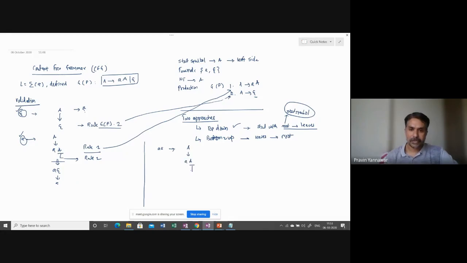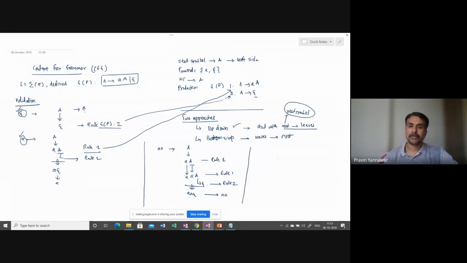This A can be substituted as AA, and from this, it is A here. This can be epsilon. This is by rule 1, this is again by rule 1, and this is again by rule 2. So it is going to become AAA epsilon. So AA epsilon is AA only.